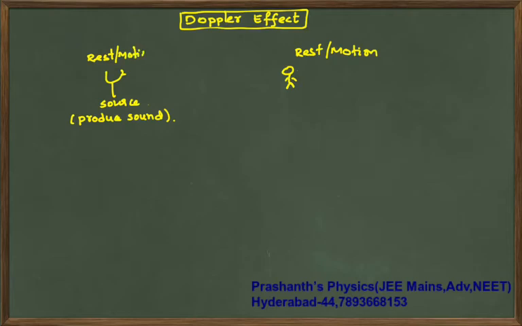Now if the source is producing some frequency which is equal to f naught, what is f naught? F naught is the frequency of source.